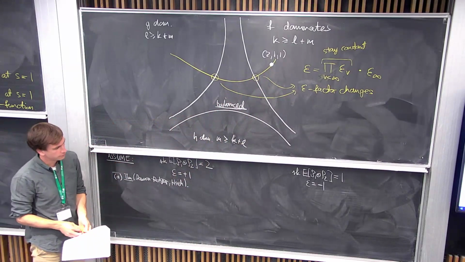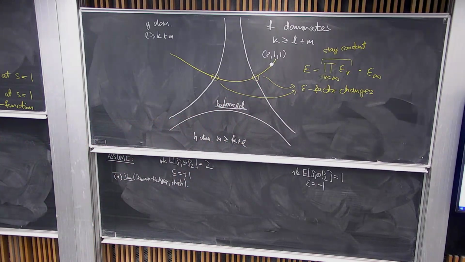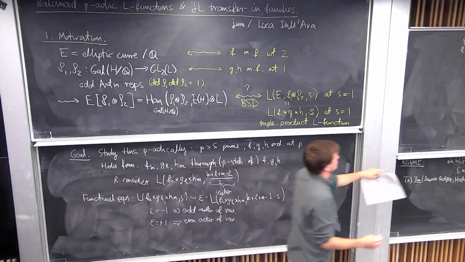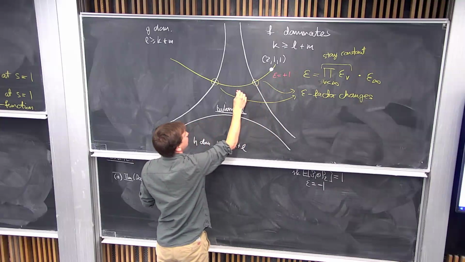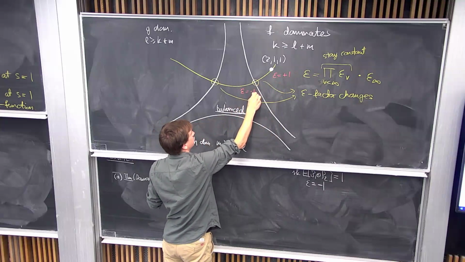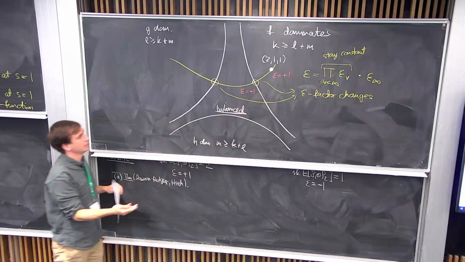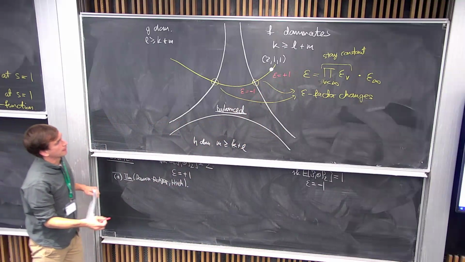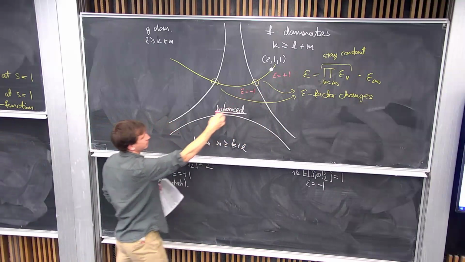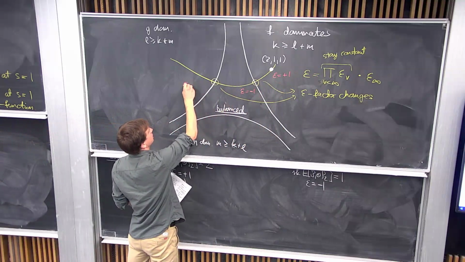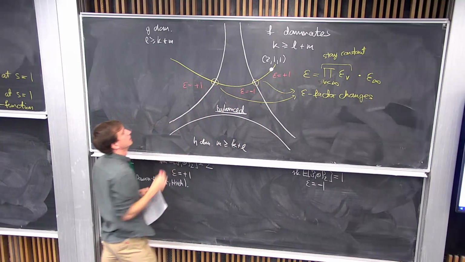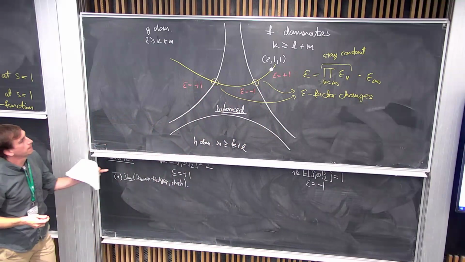So if you start, let's say, with epsilon equals +1 over here, and you go into the balanced region, you'll end up with epsilon equals -1. So all the L values will vanish. And this is going to be bad for p-adic interpolation because you don't want to be interpolating a bunch of zeros. So you have to leave that region and go all the way to here, and your epsilon will be +1 again. And that's what they do.